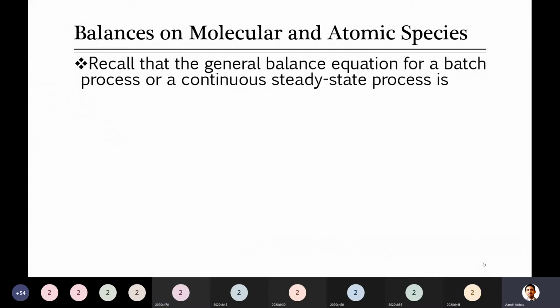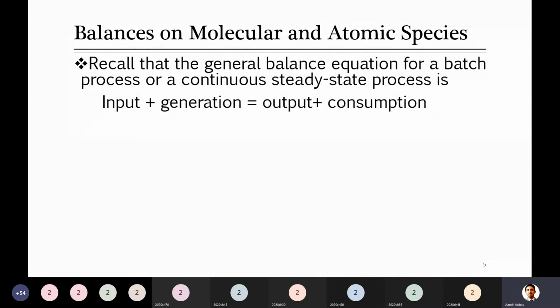The general balance equation involves all five terminologies: accumulation is equal to input plus generation minus output minus consumption. You should remember these terminologies from when we started the material balance, because most of the time the problem will use just one term, as here, steady state.